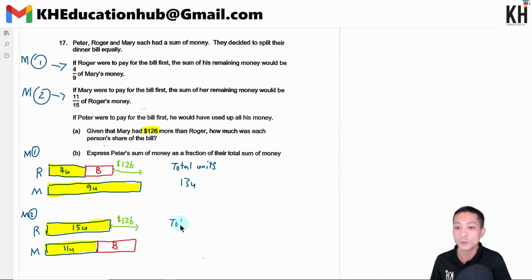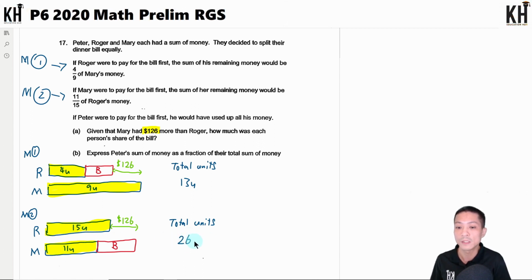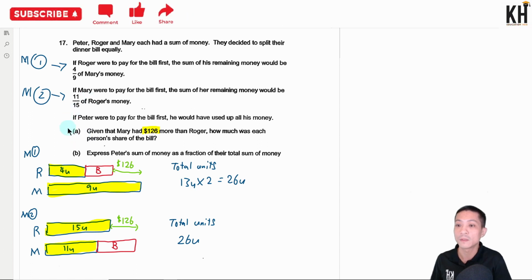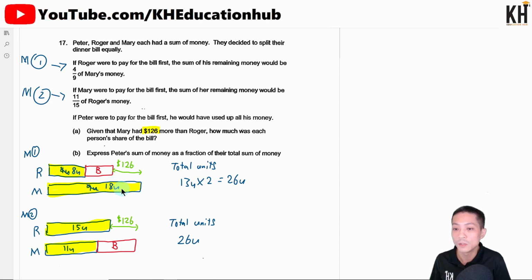And then for this one, the total units is 15 plus 11 is 26 units, right? So to make them the same, I just need to multiply this by 2 to make it 26, which means I'm going to multiply by 2 to become an 8 unit, and multiply by 2 to become an 18 unit.